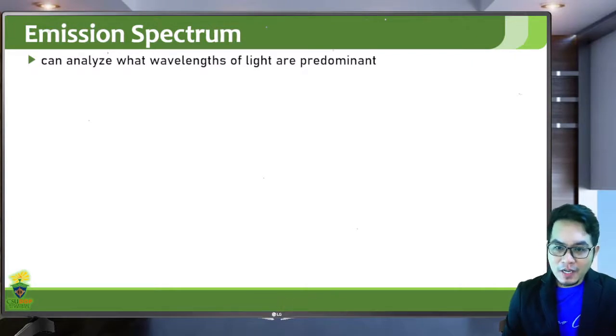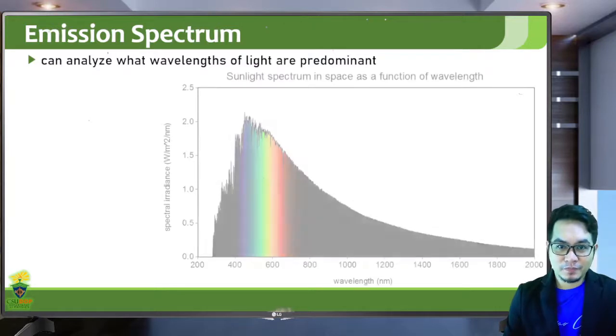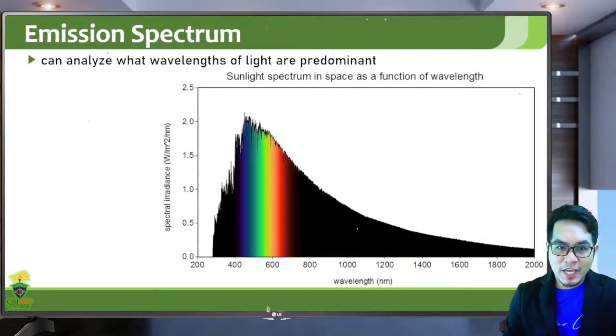Another thing that an emission spectrum can give you is that it can analyze what wavelengths of light are predominant. For example, this is the spectrum of sunlight in space, without the atmosphere, as a function of wavelength.